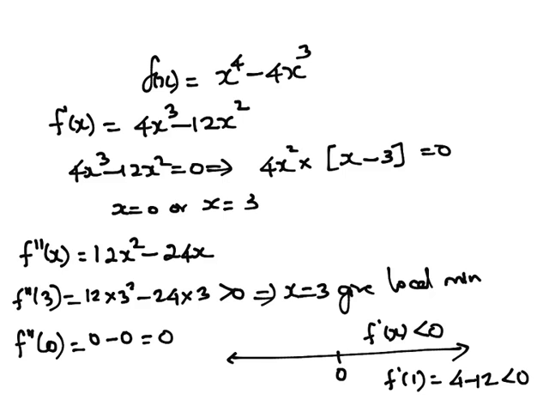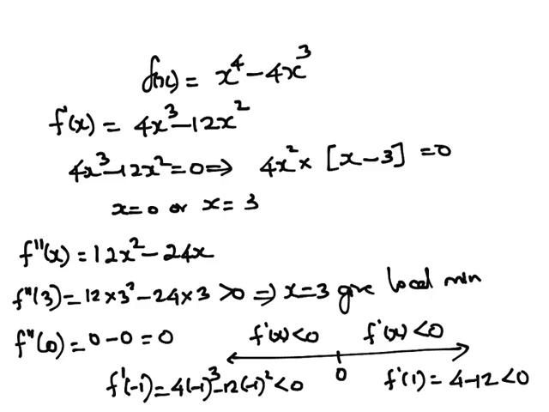Let me take minus 1 and substitute in the first derivative. f dash of minus 1 is 4 times minus 1 the whole cube minus 12 times minus 1 the whole square. So again you get a negative answer. So f dash of x is less than 0.